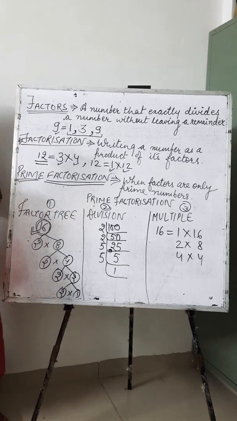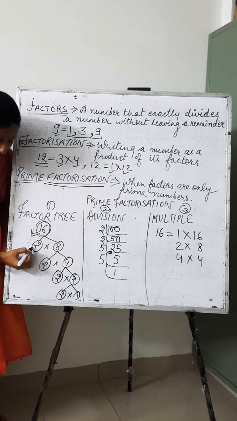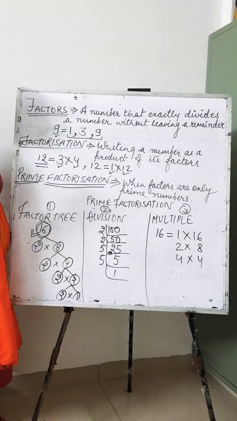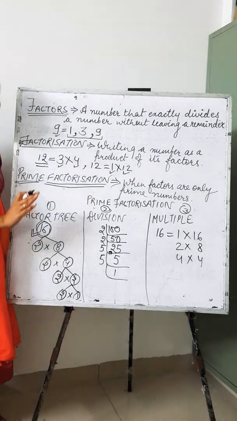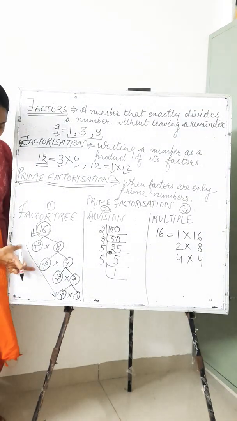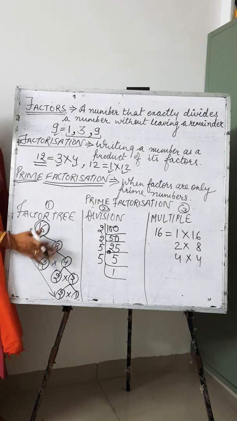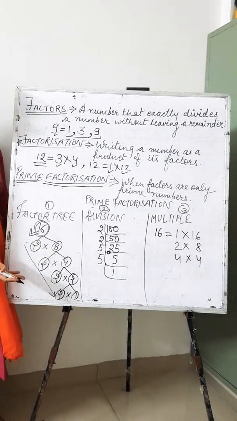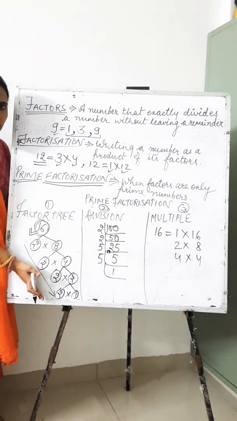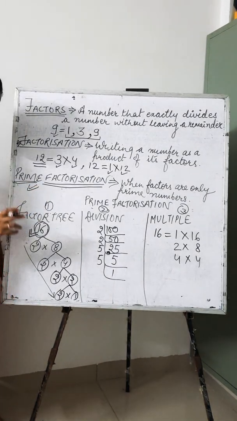Keep in mind that you should always start with the smallest prime number, and the prime number should always be written on the left hand side. Whenever you follow this, only then will your method be solved accurately to get the correct prime factorization answer.